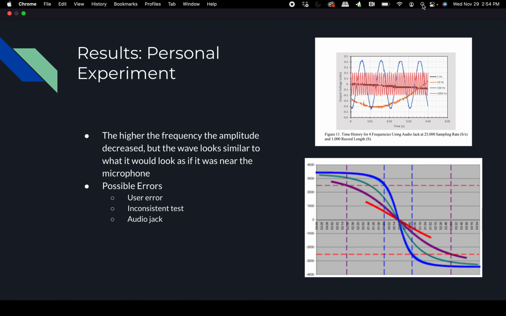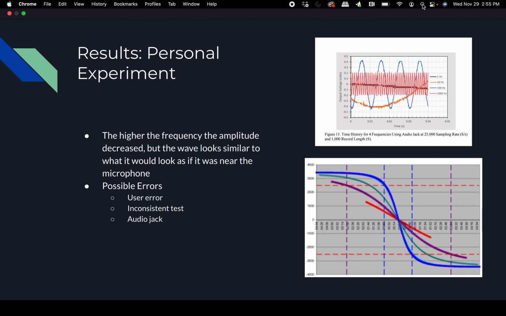As you can tell, it doesn't seem to do that. Then on the bottom right is what the frequency should look like as it gets closer. The frequency should have increased, and it didn't, unfortunately.